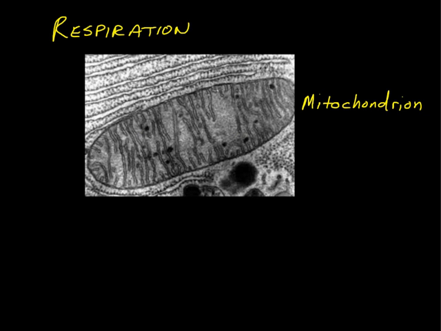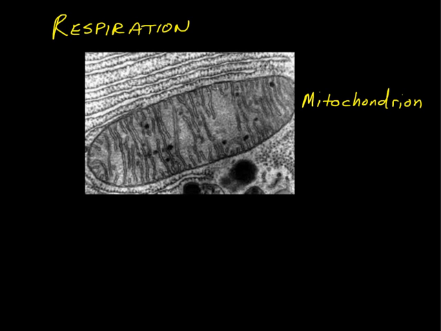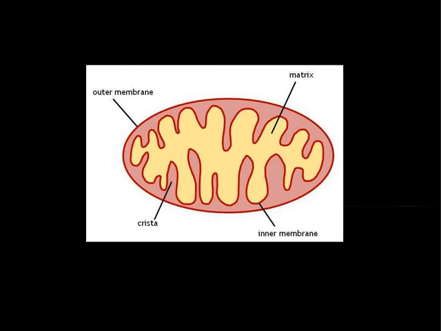So let's look at a diagram of a mitochondria to get a better understanding of what that structure is like. And here it is. This is a mitochondria. Should probably include that as a label, so I'll go ahead and put it up here. Mitochondrion, again, that is the singular form. And let's look at it. Well, there's an outer membrane and there's an inner membrane, which means we have two distinct regions in a mitochondria.